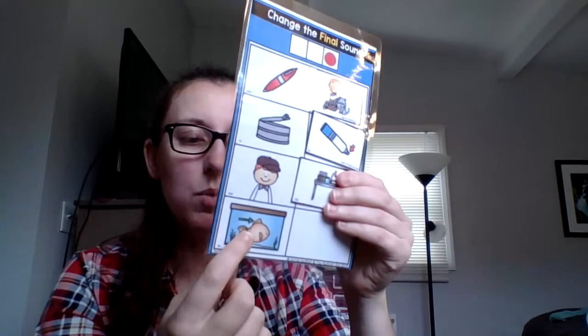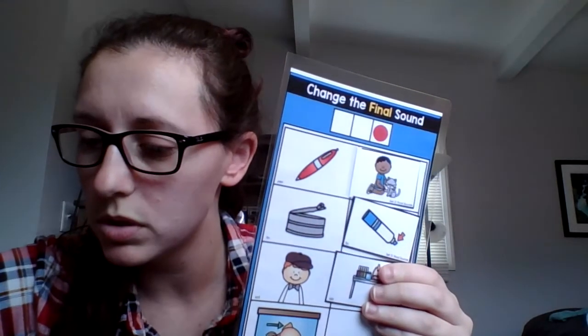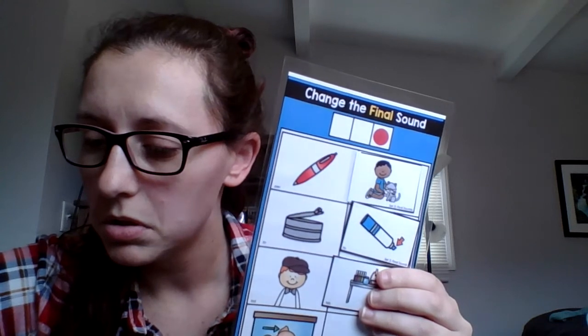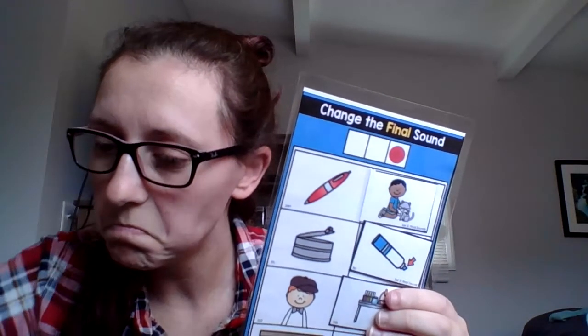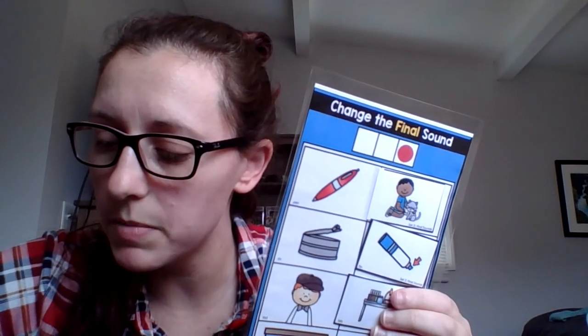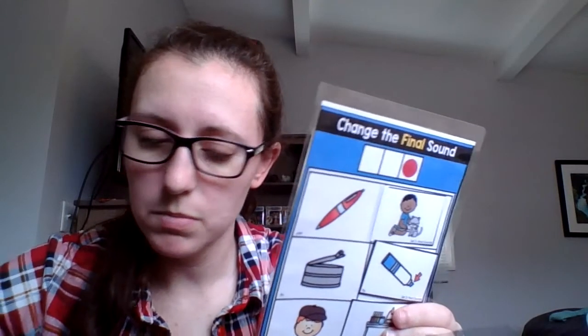And the next one would be fin is going to change to, I'm not sure. Oh, I'm in the wrong one. That's why. Fin changes to fig. And this was a tricky picture too.